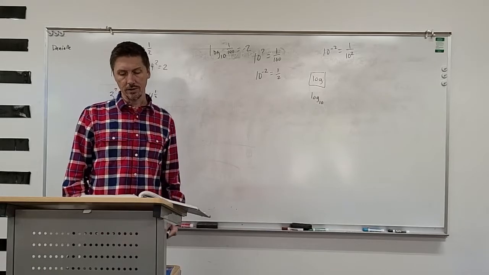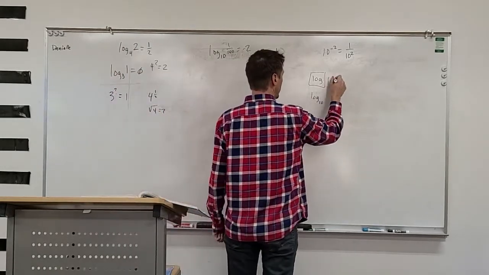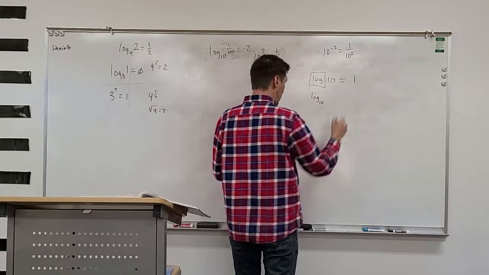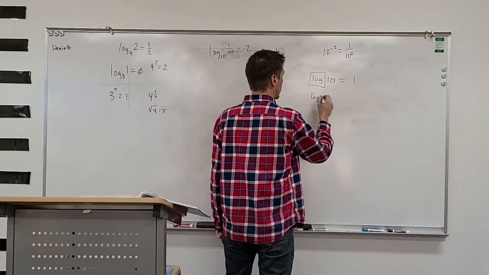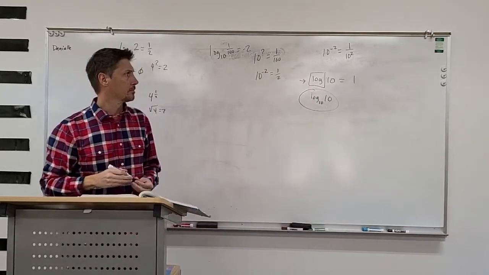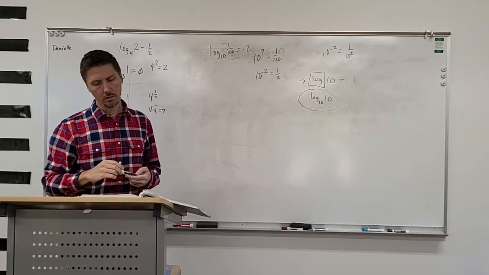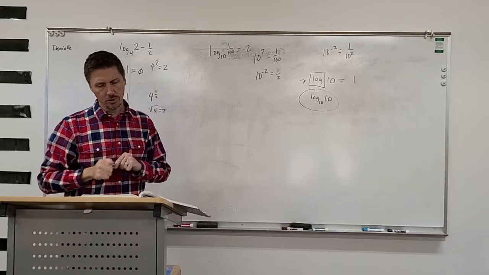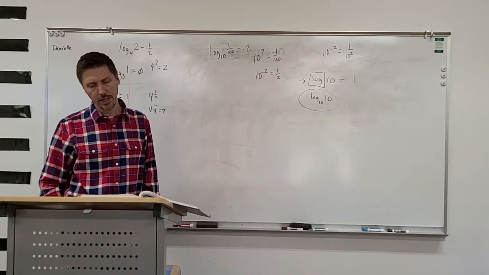You enter that in your calculator by clicking the log button, then entering 10 and hitting equals, and you'll get 1. This is how you enter this problem. Make sure that you can do all of those. If you do log of 2.5, you should get 0.3979.